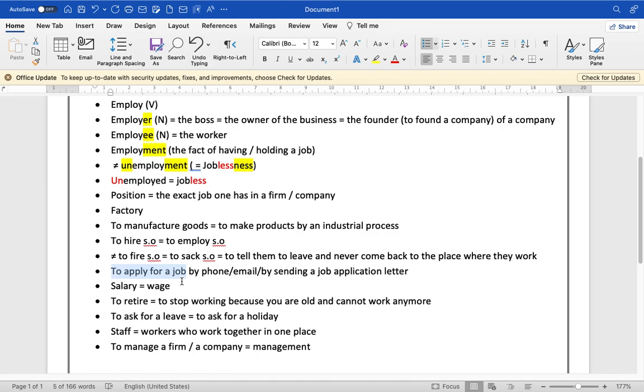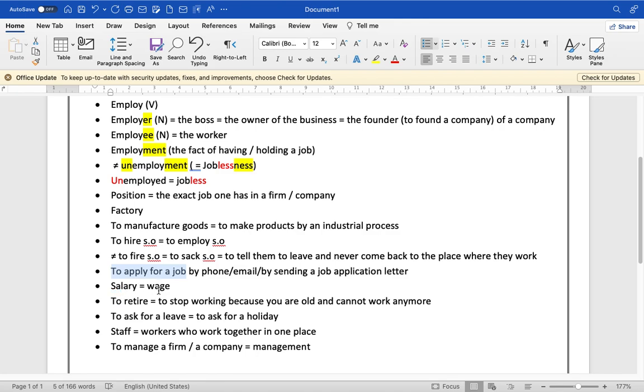So you should cast a look at lesson 9 and be prepared for an essay that asks you to send a letter to apply for a job. They might give you a job ad and ask you to write a letter to that employer or that firm, asking them to consider your application for that job.